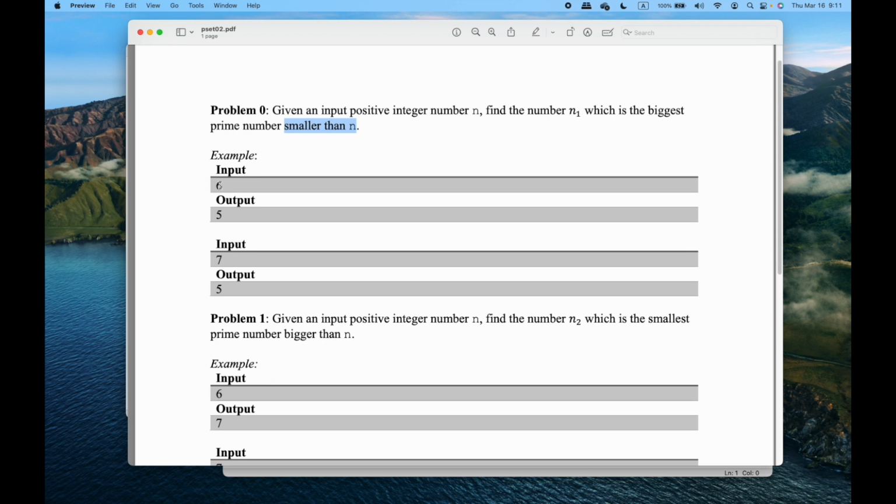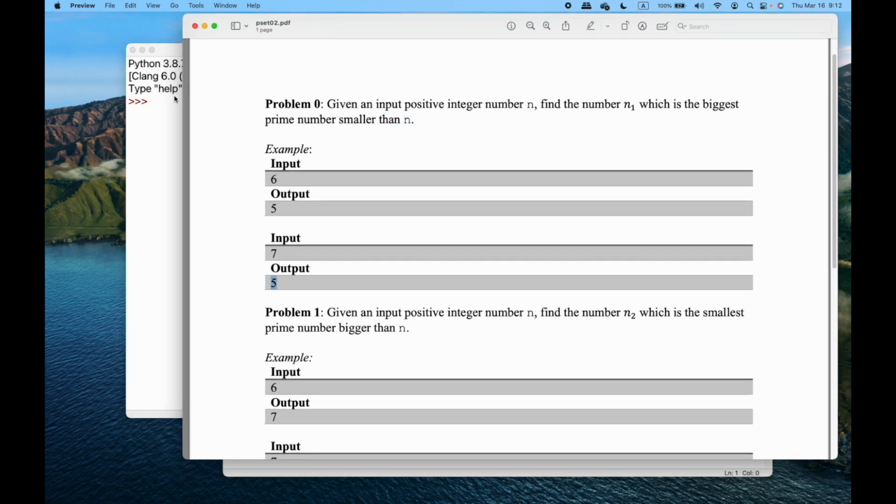For example, if I give you the number 6, the output must be 5, because smaller than 6 we have 5, and 5 is the biggest prime number smaller than n. We still have one more prime number smaller than 6, which is 3, but it's not the biggest. Or for example, if I give you the number 7, the output must be 5.